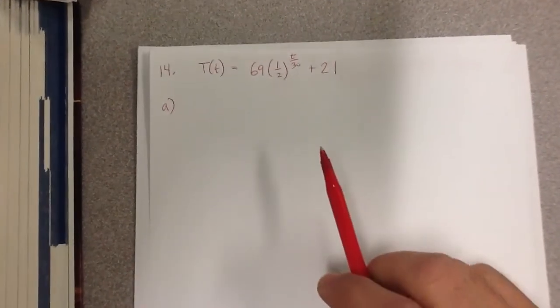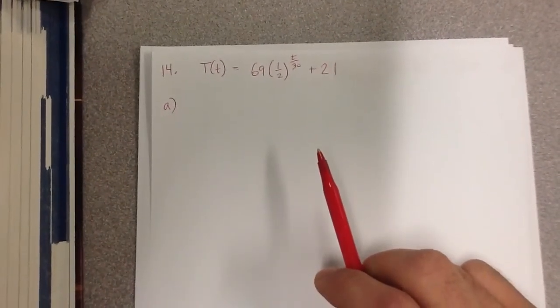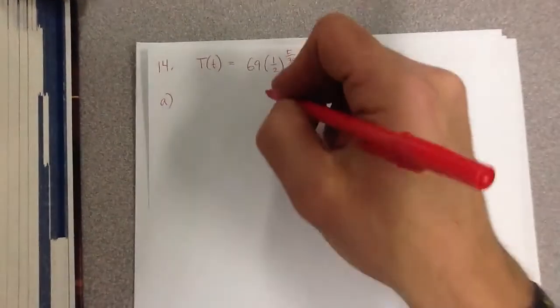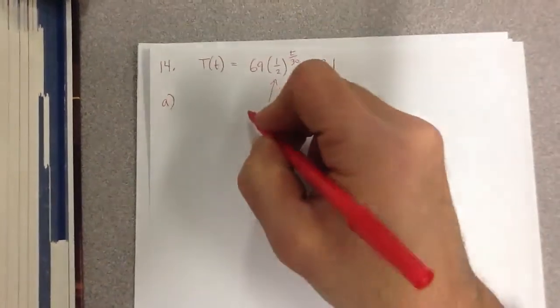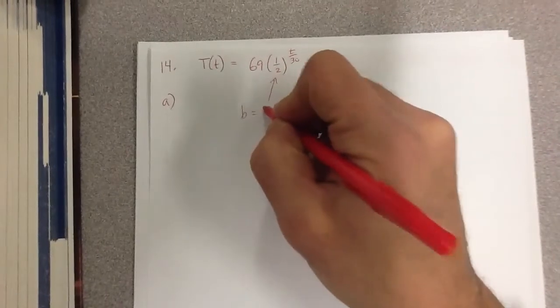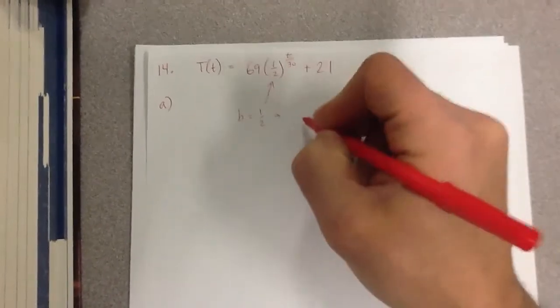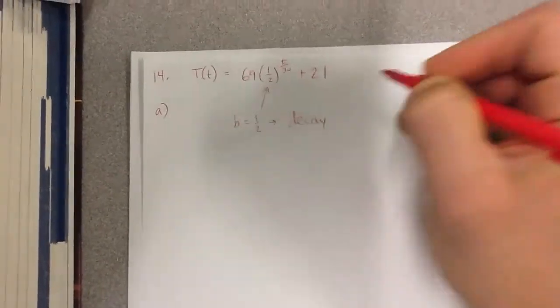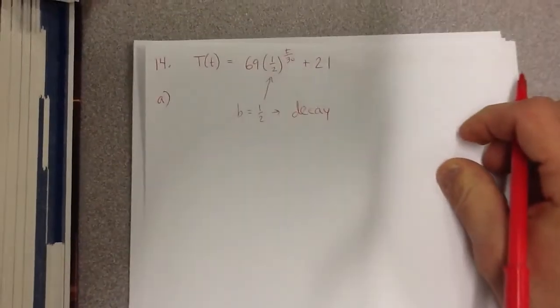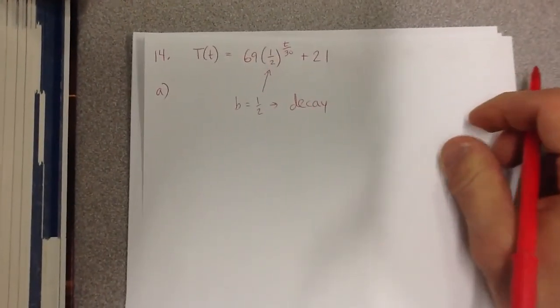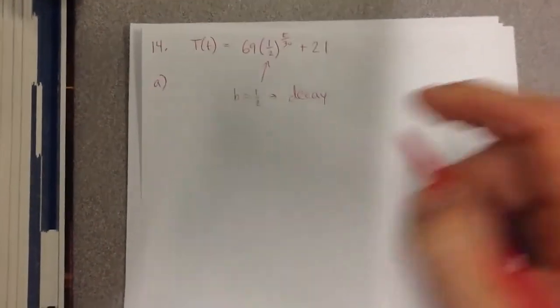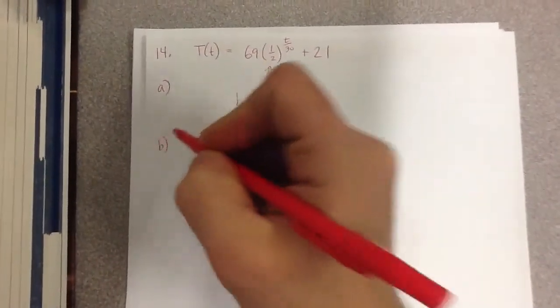So let's just take a look at this. Which part of the equation indicates that this is an example of exponential decay? The fact that the base is equal to half, that is decay right away. Because if the base is between 0 and 1, it's obviously decreasing, decay. If it's bigger than 1, then it's growth.